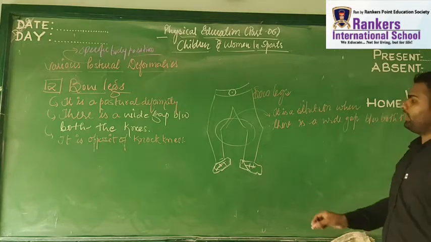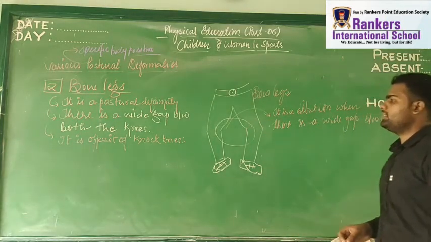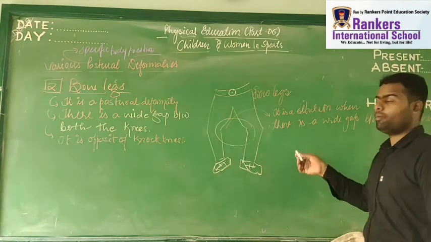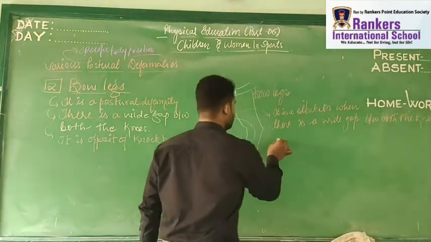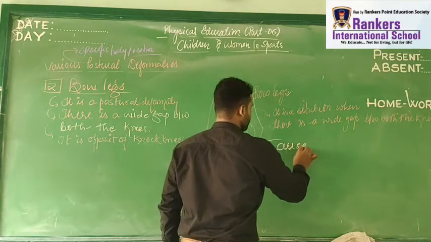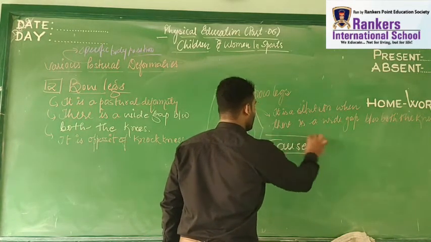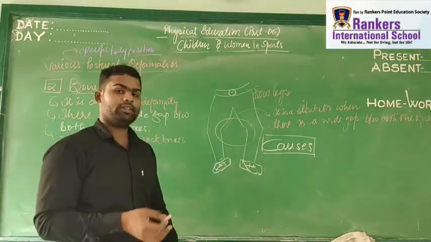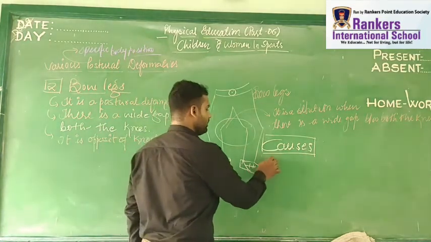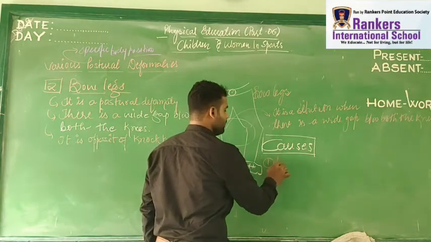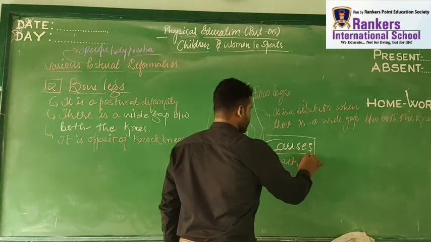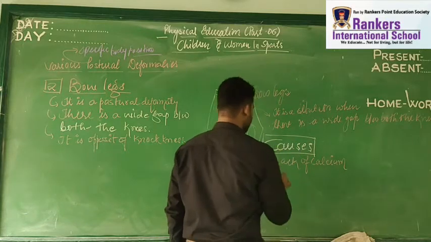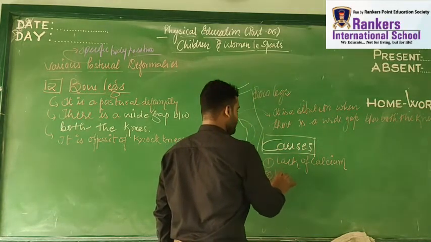Now how and why does this kind of problem occur? Basically we need to understand the causes of this kind of problem. The cause is the same as knock knees, because these are postural deformities associated with deficiency in bones. First is deficiency of calcium, so lack of calcium. Second, wrong postural habits.